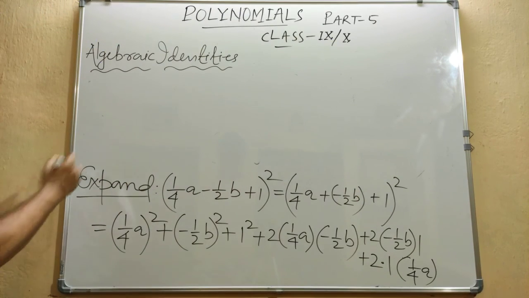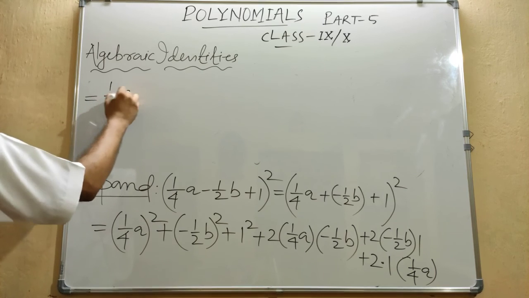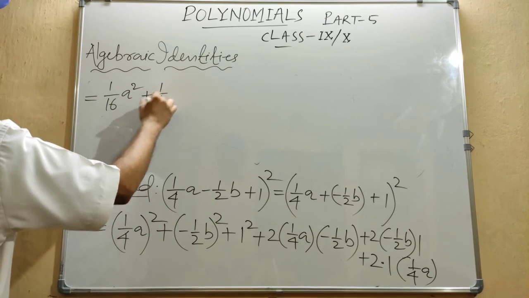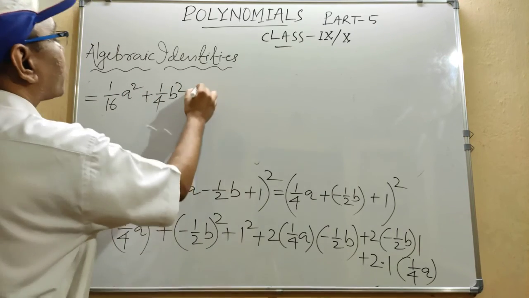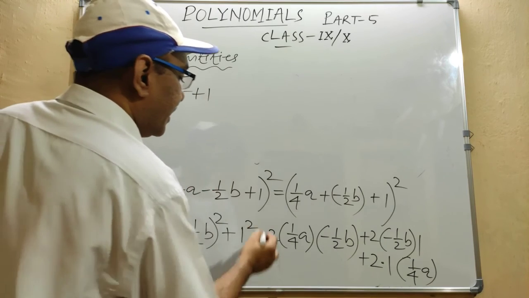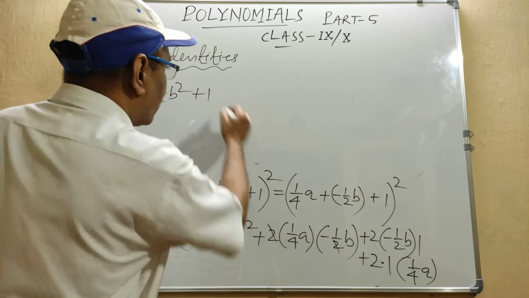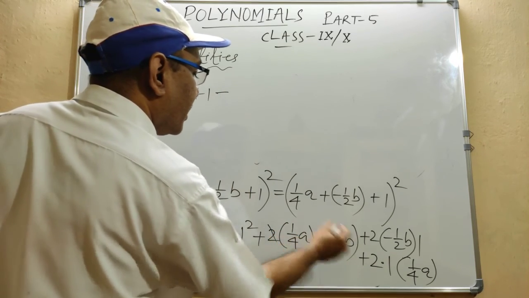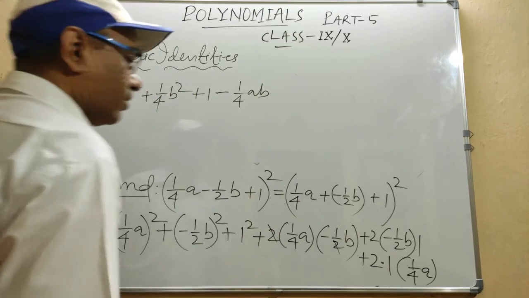See, it is coming 1 by 16a square, minus square will become plus, 1 by 2 square is 1 by 4 b square, plus 1 square is 1, plus, see here, this 2 will cancel, minus and here it is plus, so product will come as a minus, 1 by 4 ab, 1 by 4 ab over.